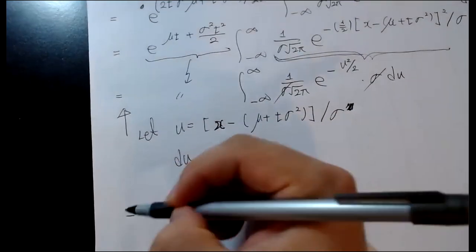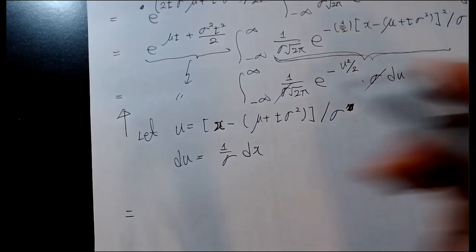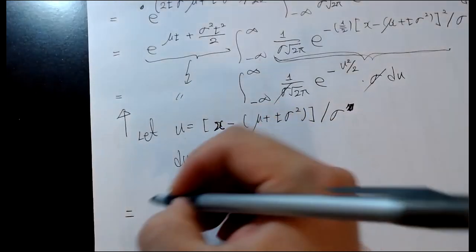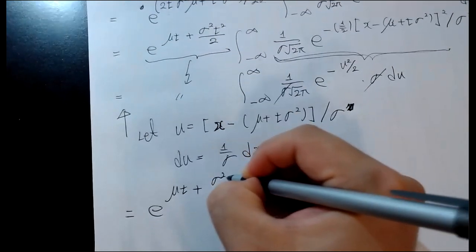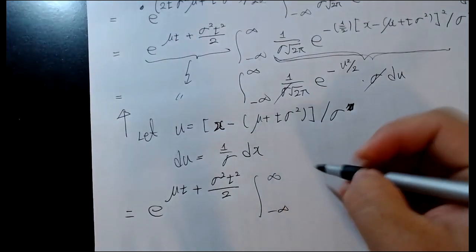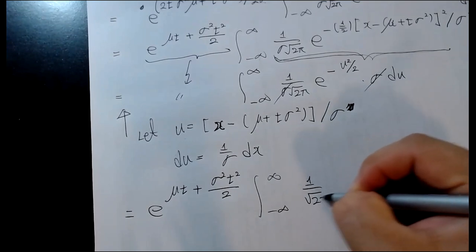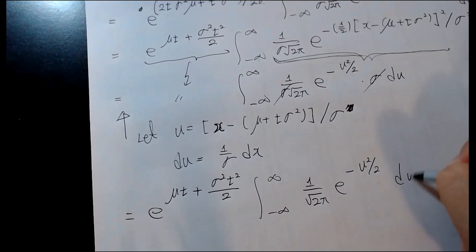So we got this. E to the ut, I mean, what? E to the what? ut plus sigma square t square over 2, times the integral from negative infinity to infinity of 1 over square root 2 pi e to the minus u square over 2 du.